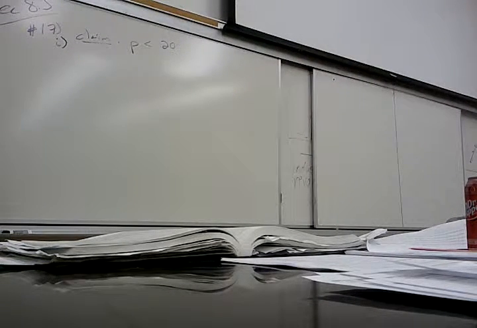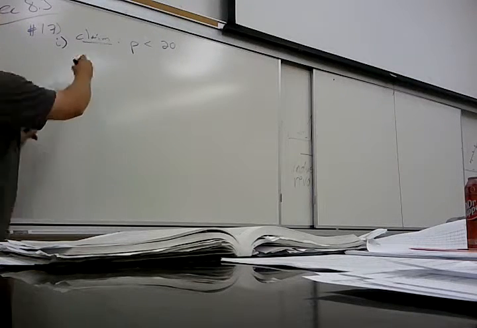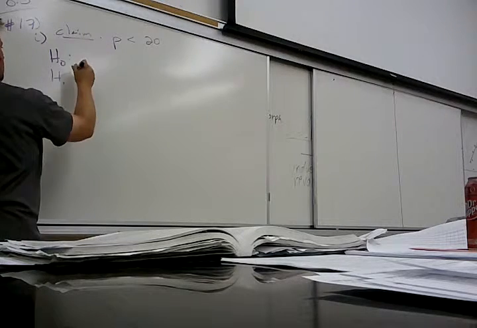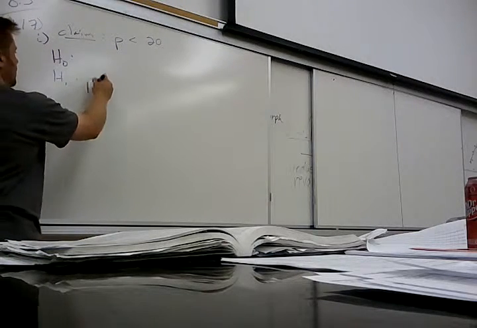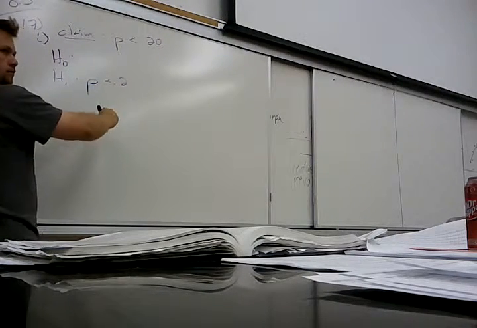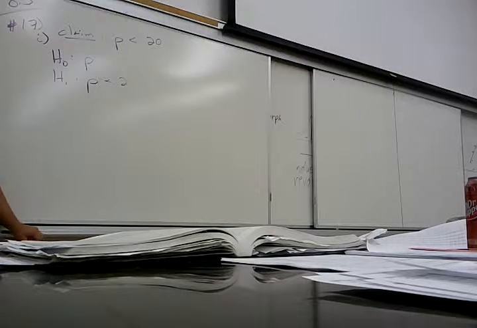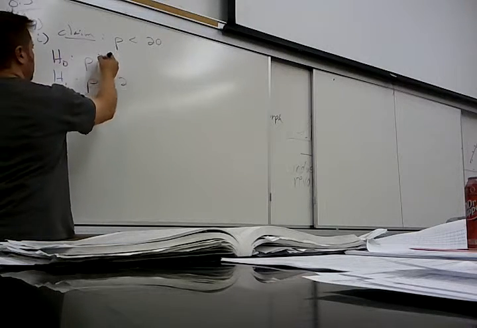It's the first thing you want to find, your claim, because that sets everything up. Without that, there's no reason to do anything. And your H0 is p greater than or equal to 0.2. The claim has to be the alternative, because it does not have an equal sign in it, and the null has to be the opposite of that, which is greater than or equal to 0.2.